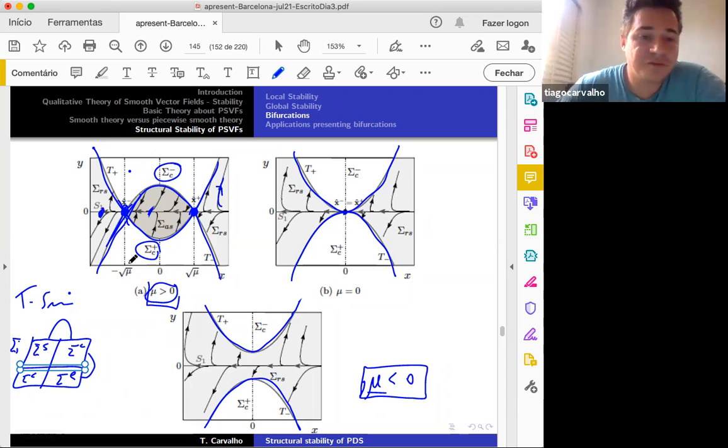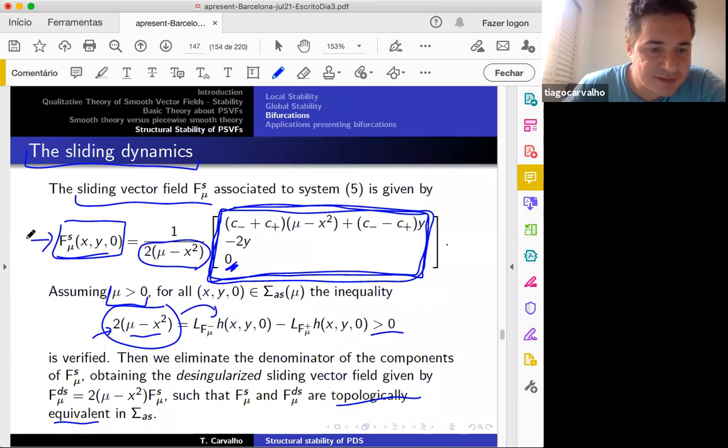At the sliding region, the singularized sliding vector field has the same topological behavior as the sliding vector field. But at the escaping region, this number is negative.